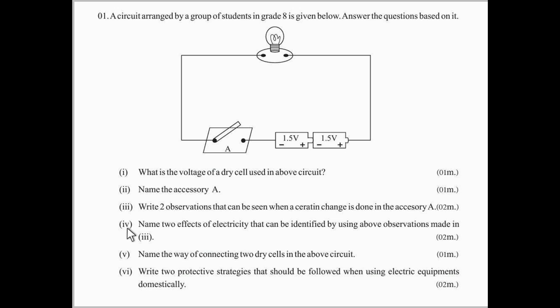Fourth one, name two effects of electricity that can be identified by using the above observations made in the third one. There are four effects of electricity.